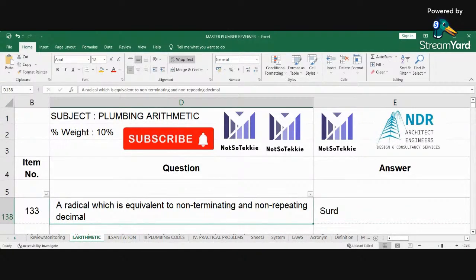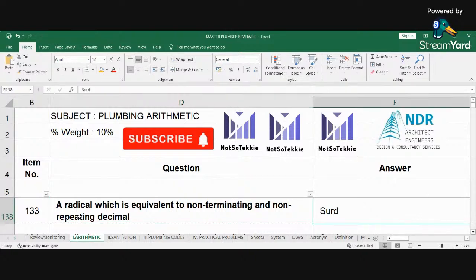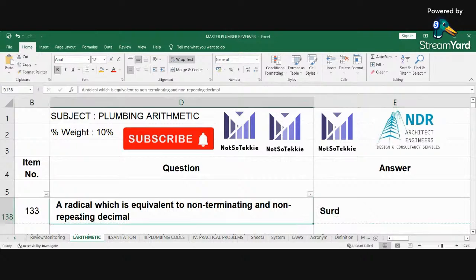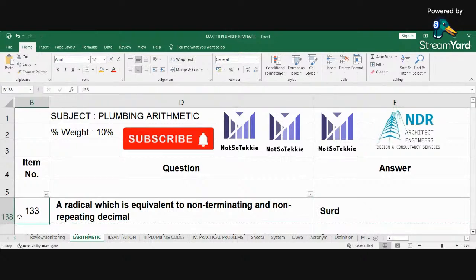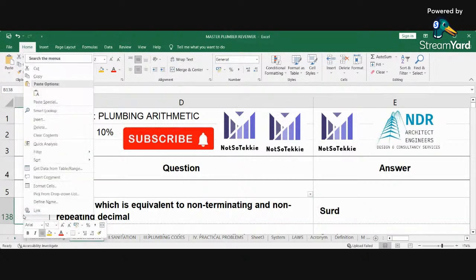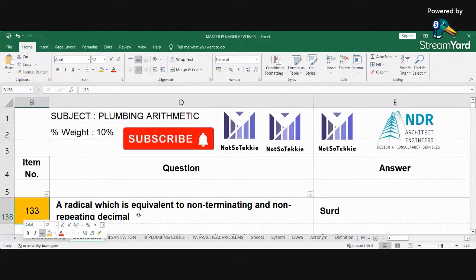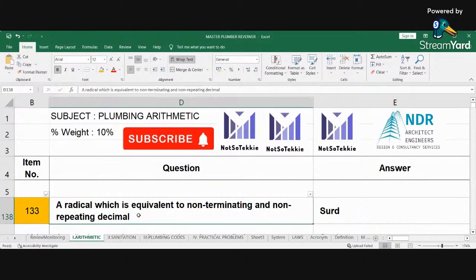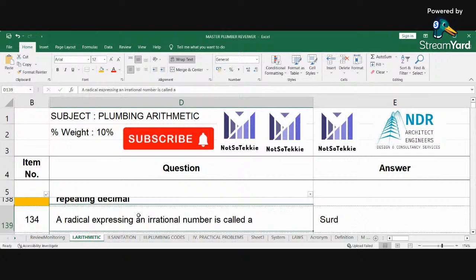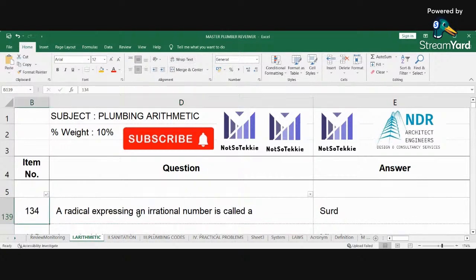133. Hirap. Review. A radical which is equivalent to non-terminating and non-repeating decimal. The answer is third. A radical which is equivalent to non-terminating and non-repeating decimal is third. 134.